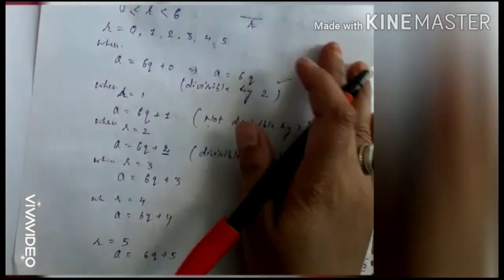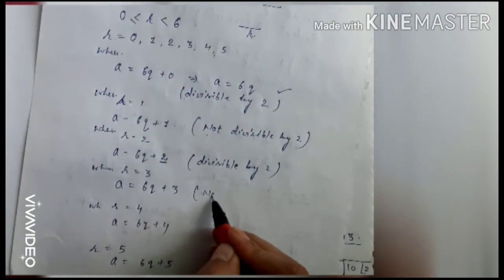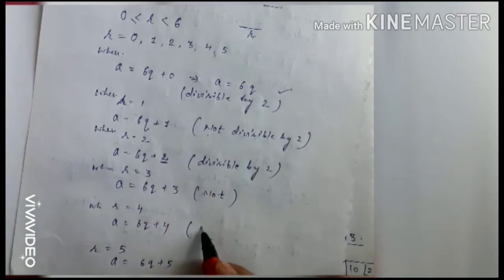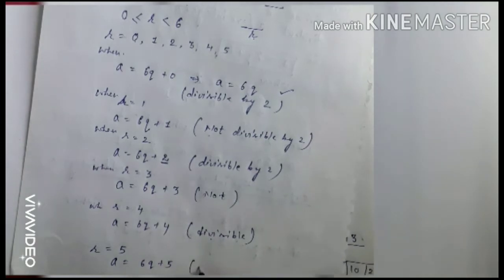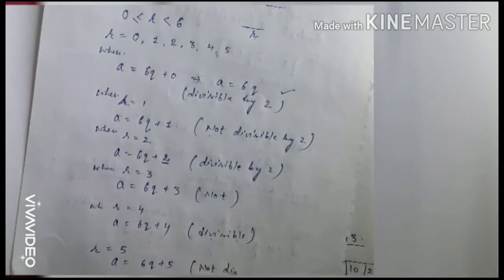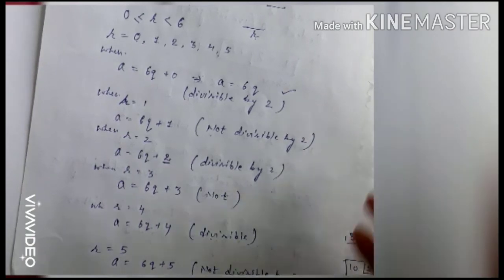These 5 conditions are there. 6q plus 3, the remainder is 3, not divisible. 6q plus 4, it is divisible. 6q plus 5, not divisible by 2.